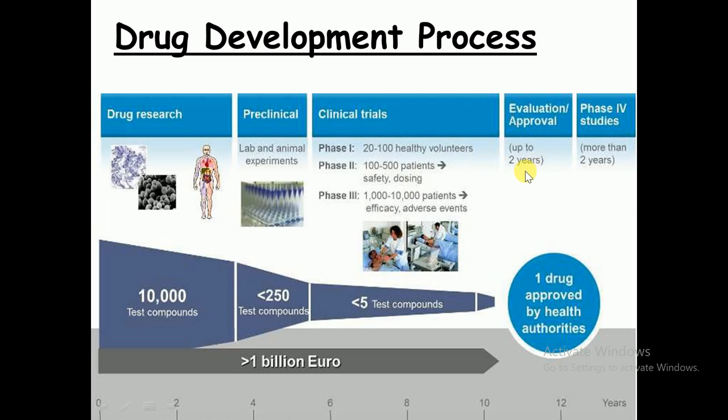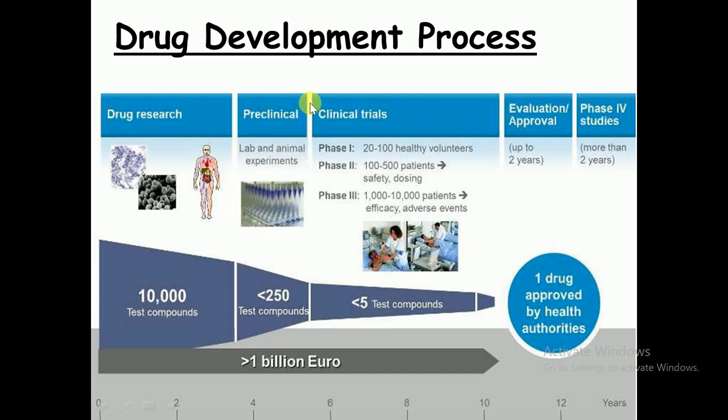After filing the NDA to the FDA, we will market this drug. That particular industry will sell the drug in the market, and after this post-marketing surveillance starts. Here we need animal ethical committee approval.